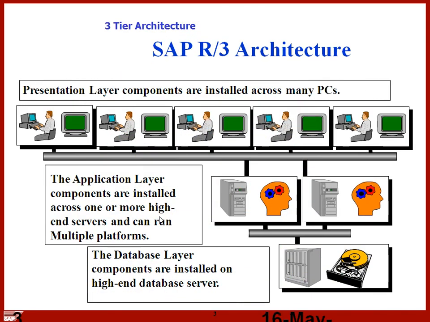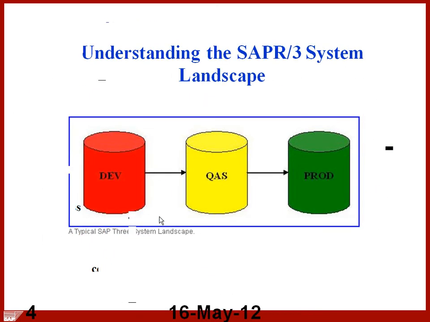Now let's try to understand what topics we are going to cover in SAP MM. We will discuss architecture: what is single tier, two tier, three tier, in which tier which application components will be available, which one will be used for communication purposes. All these things we discuss in the first class.